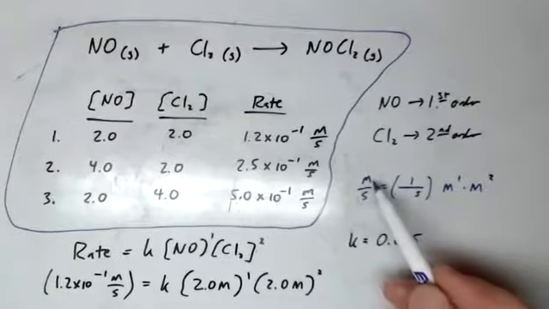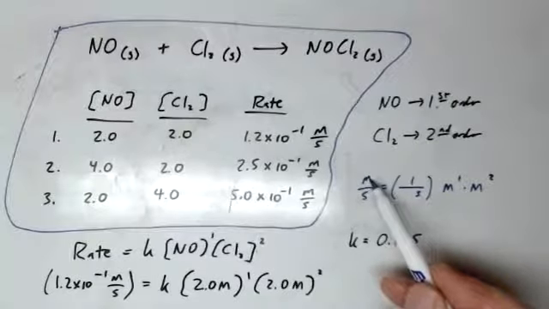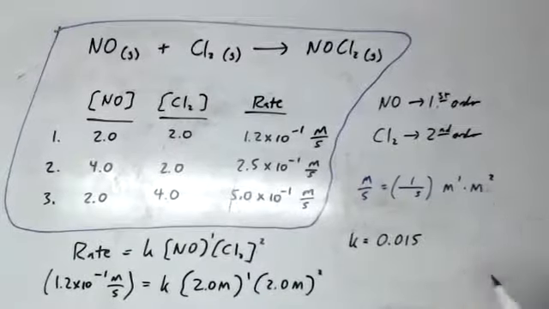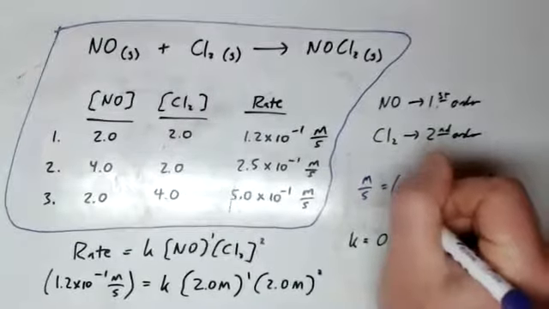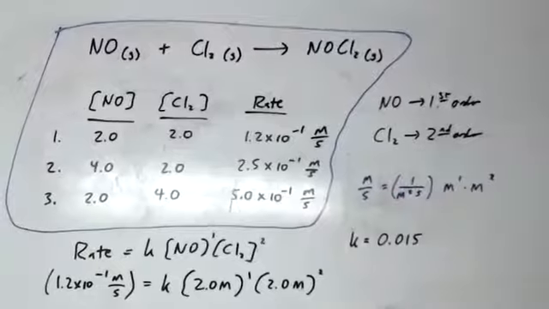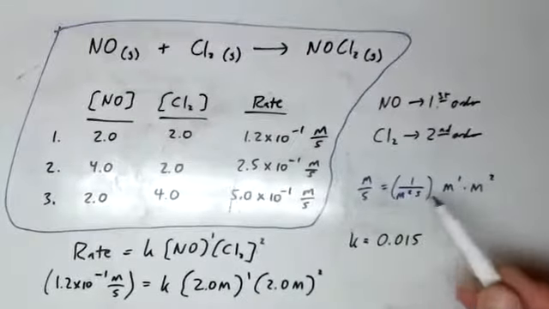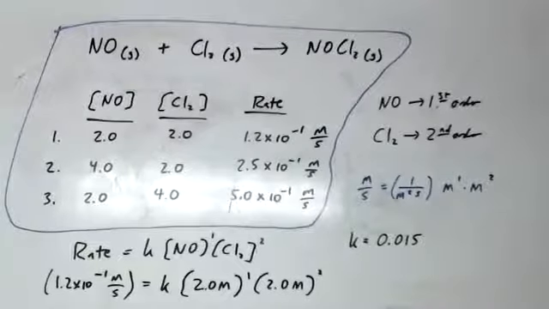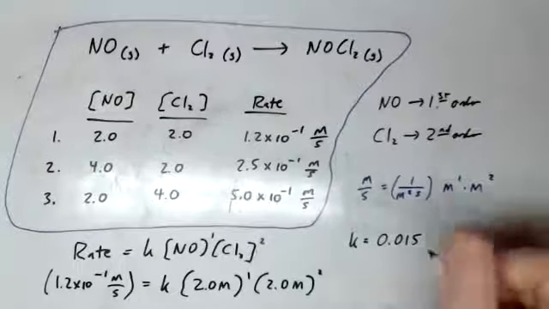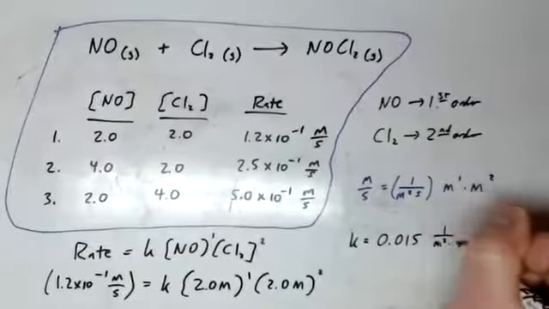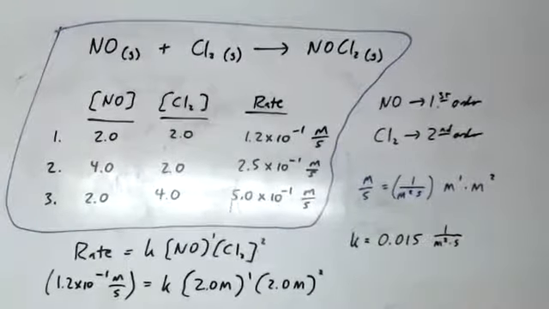Well, notice we ultimately need just 1 molarity up in the numerator, but we have currently molarity cubed. So that means down in the denominator here, we're going to have molarity squared. That will cancel out this molarity, and ultimately we'll just have molarity per second on each side of the chemical equation. So in this particular instance, our units for K is going to be 1 over molarity squared seconds.